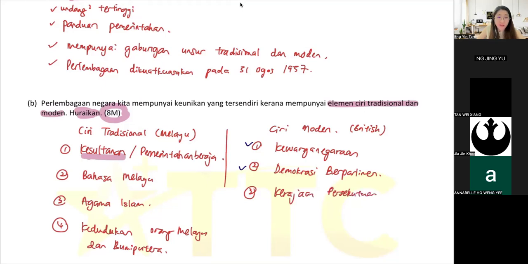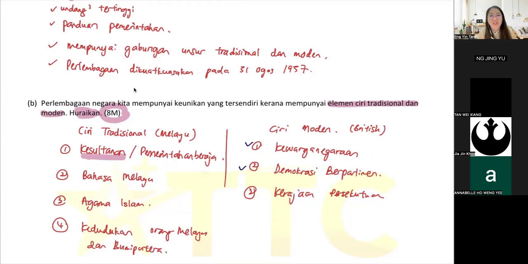Wow, many of you write Persekutuan already, but I miss out. Sorry. Yes, Persekutuan, federal systems. The sequence is not important as long as you remember. So for me, I will go for the citizenship first, and then the democracy, easy ma. Just write the pilihan raya. Kerajaan Persekutuan also can.